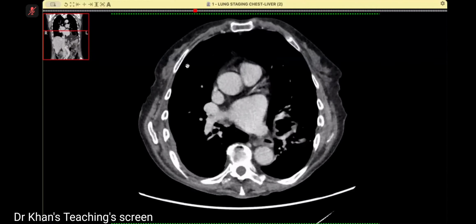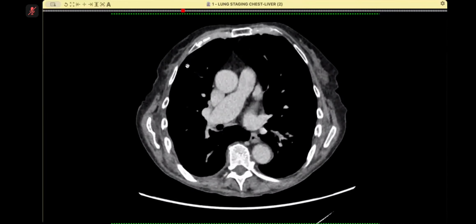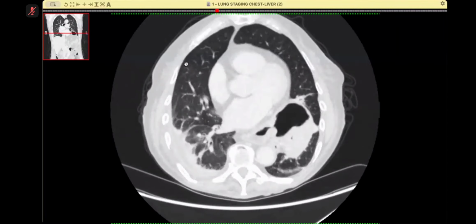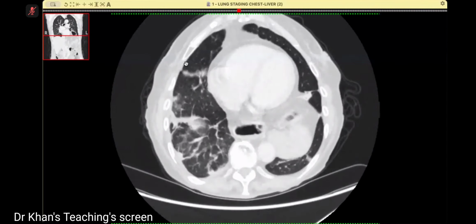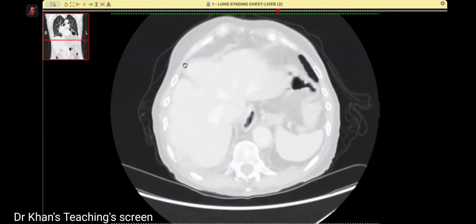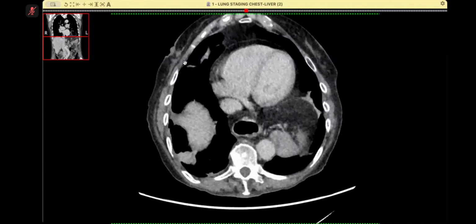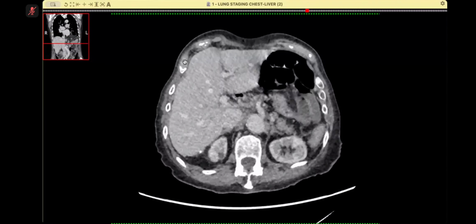There's herniation of abdominal contents, but I'm not interested there. That's a long-standing finding. Don't worry. Just concentrate on the right side.